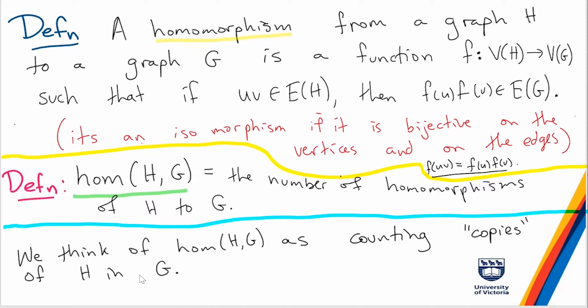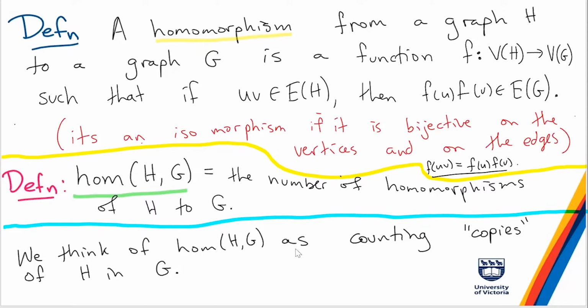So homomorphisms do count all the copies in the way you would normally think of copies, but they also count some other stuff, because a homomorphism might not be injective. It's kind of like a copy of H where you map two vertices to the same vertex. But if we expand our definition of copy, then you can think of this as counting copies.